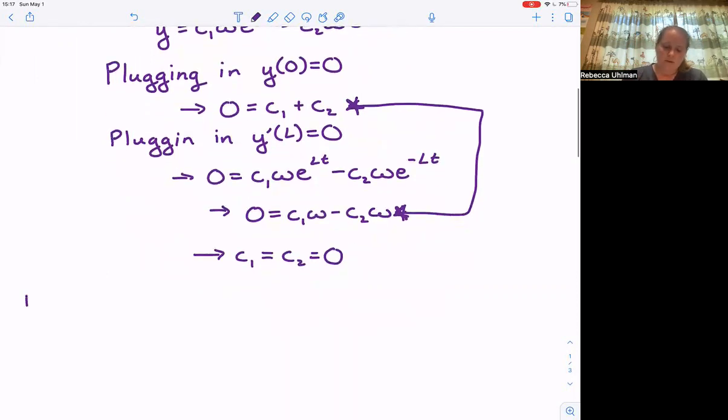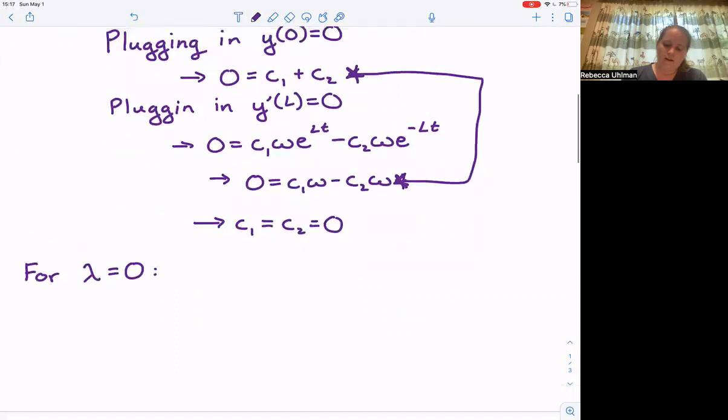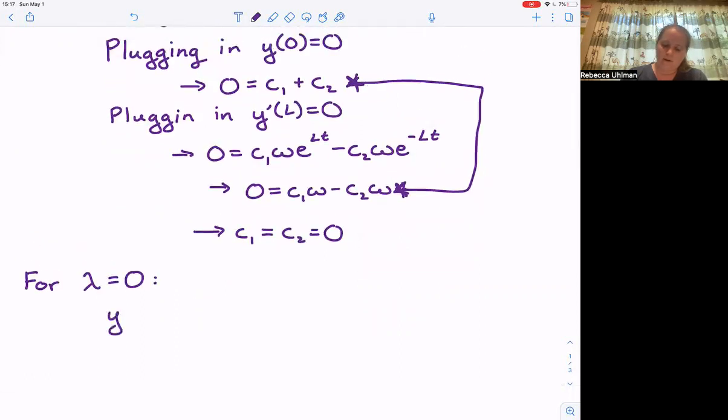For lambda equaling 0, we're looking at y double prime is equal to 0. So again, we have that y should be equal to C1 plus C2x or C2t.